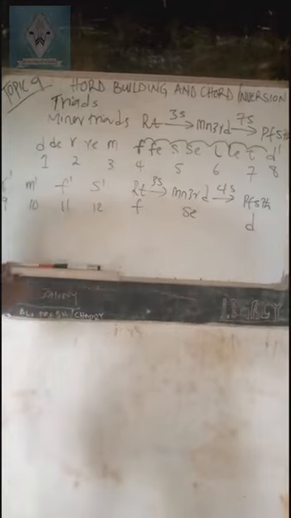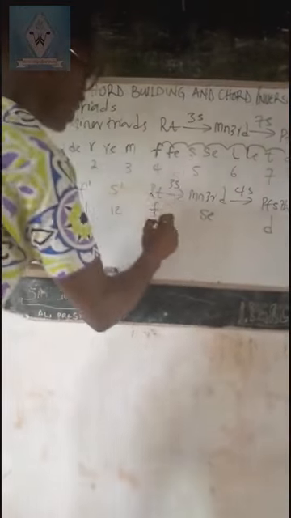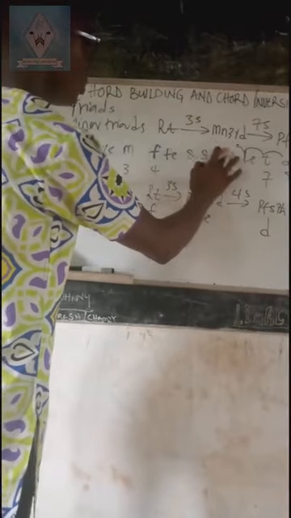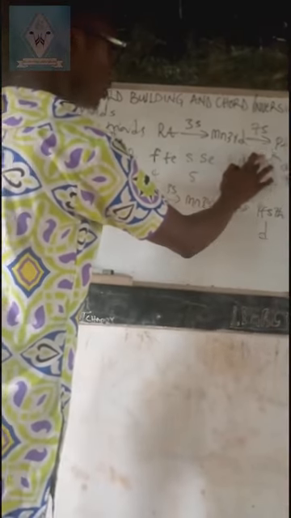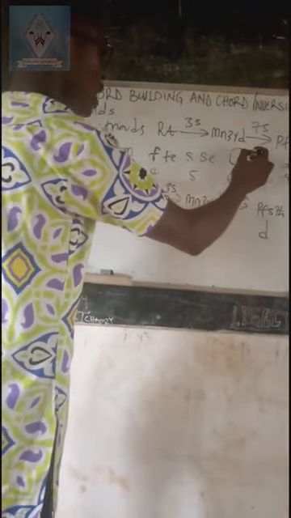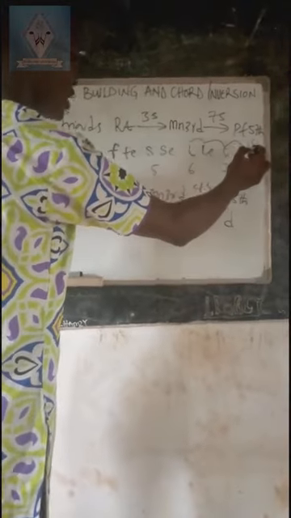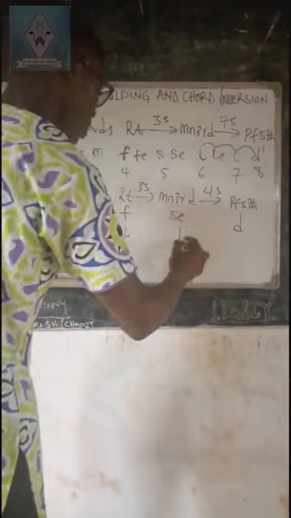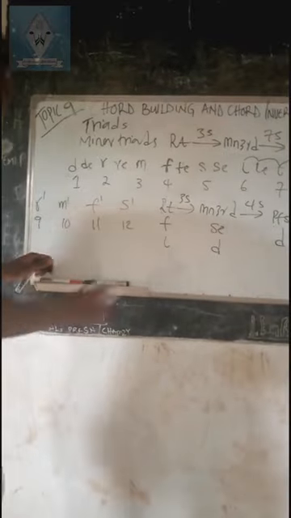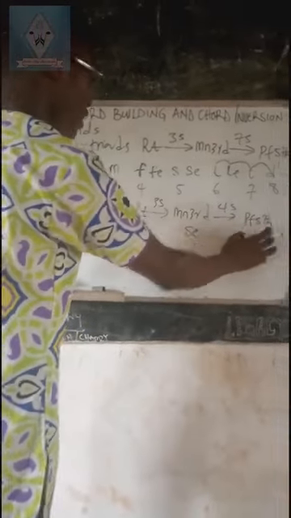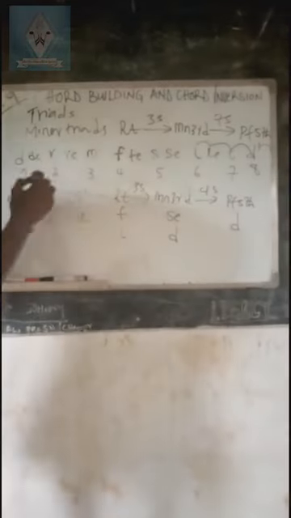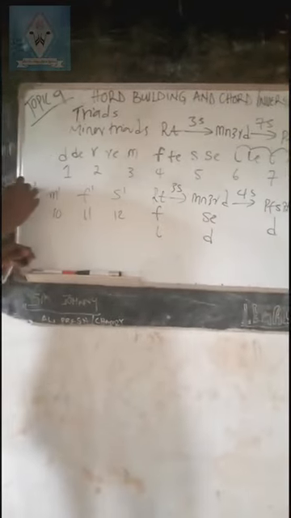Now if we decide also to pick La as our root, from the root to the minor third is 3 semitones. 1, 2, 3. This becomes our minor third. From the minor third to the perfect fifth is 4 semitones.